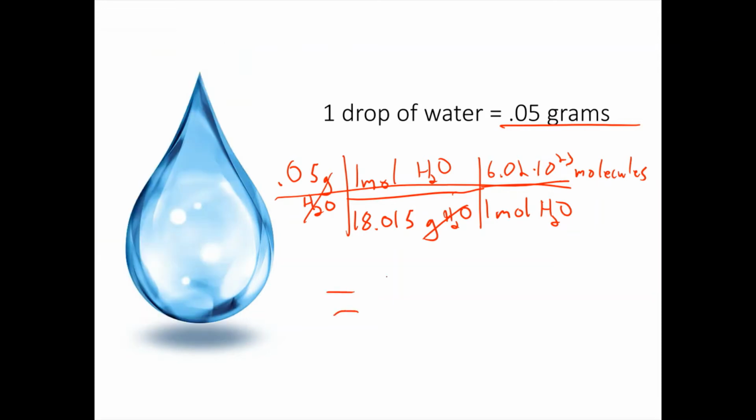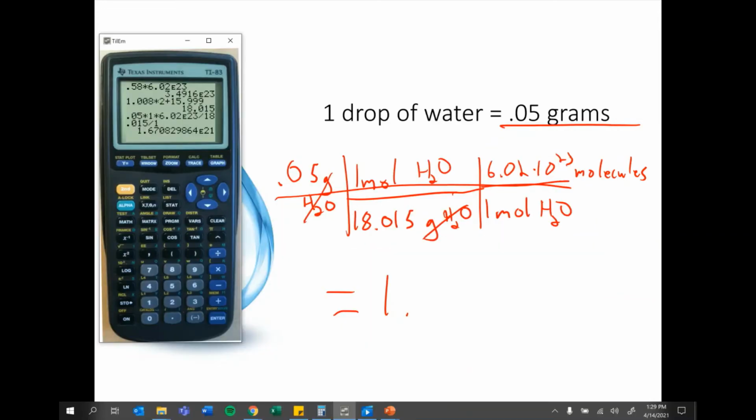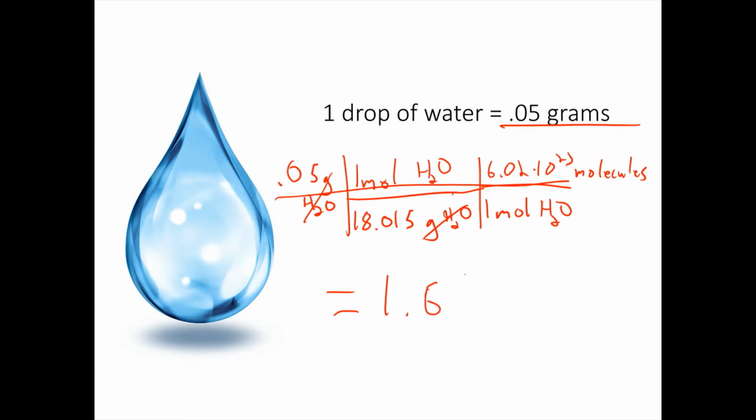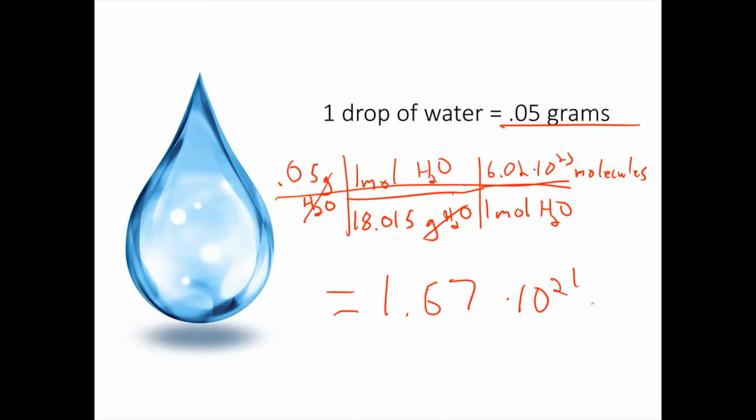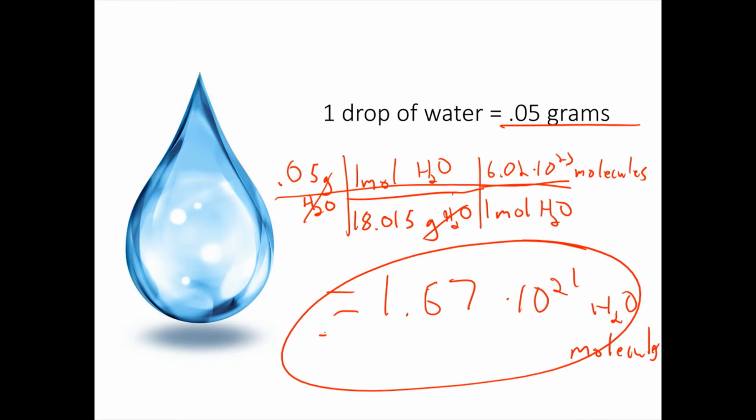And that gives me, rounding to 2 decimal places, 1.67 times 10 to the 21 H2O molecules. That's how many molecules are in one drop. And that's a lot. That's 1 sextillion.